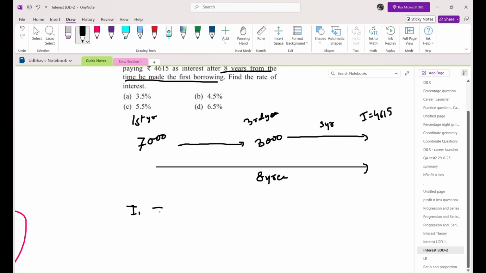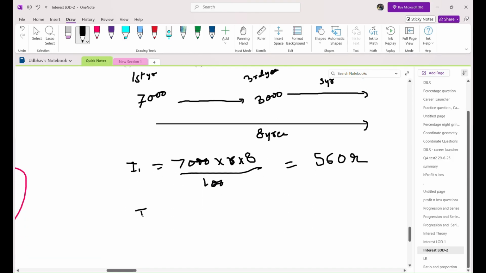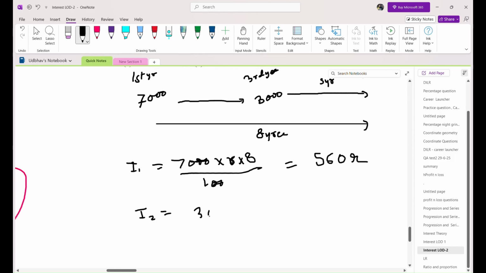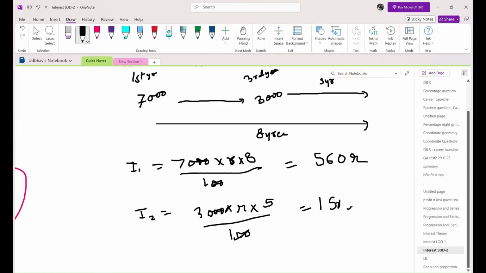So what will be the interest on 7,000? That will be 7,000 into rate of interest, let's say R, into 8 upon 100, that is 560R. And the next time he borrowed 3,000. So what will be the I2? That will be on 3,000 rupees at R% for 5 years, so that is 150R.